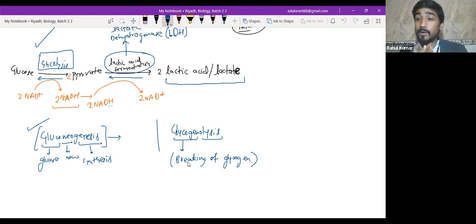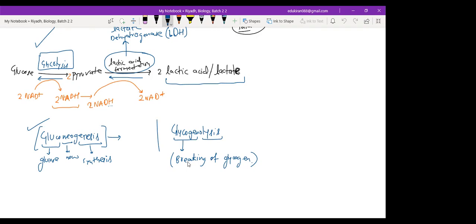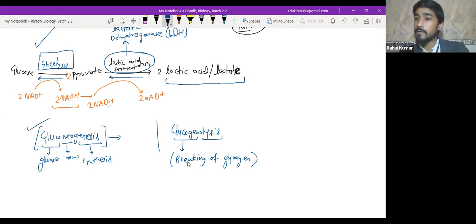When I was telling you about the digestive system, I told you that all the glucose that we get from the food, which we absorb from our intestines, basically goes and gets stored in the liver in the form of glycogen. And glycogen is nothing but a very long chain of glucose attached to each other.